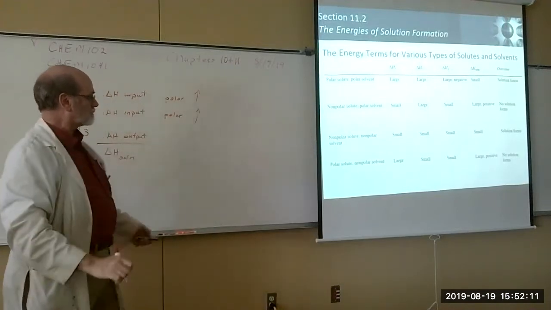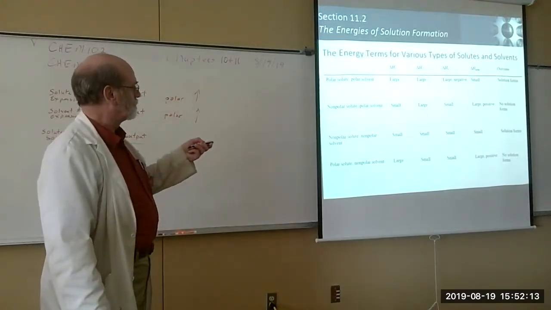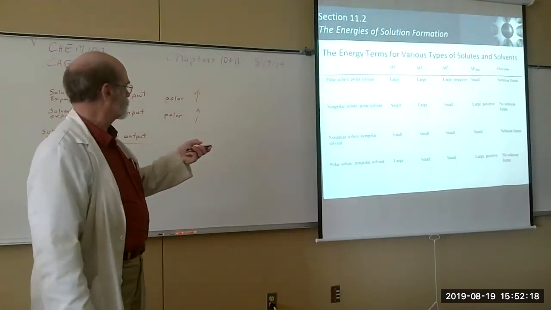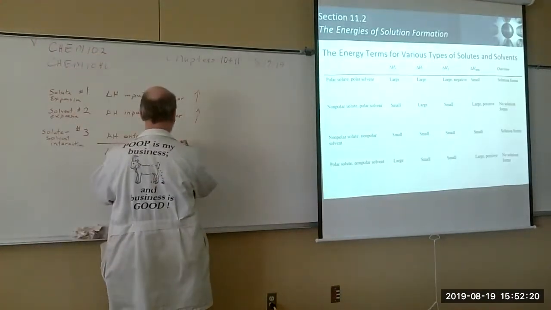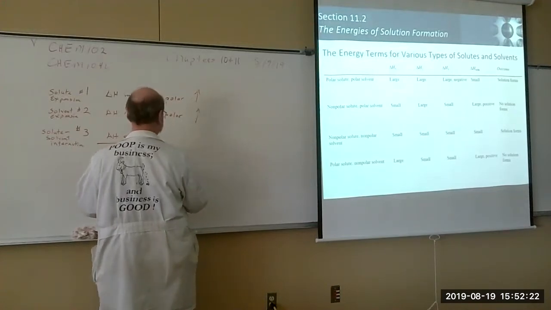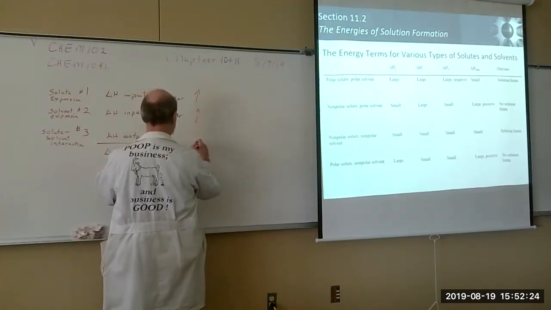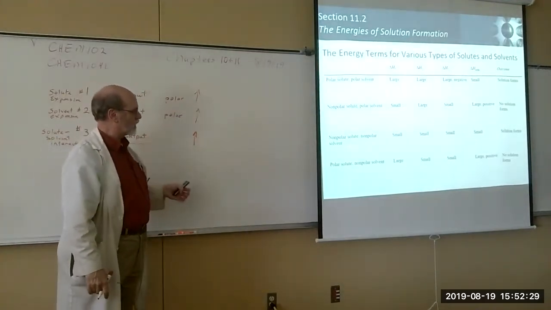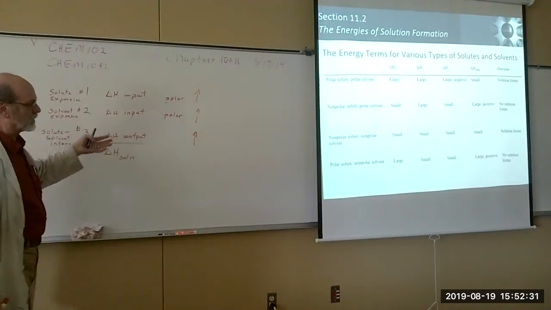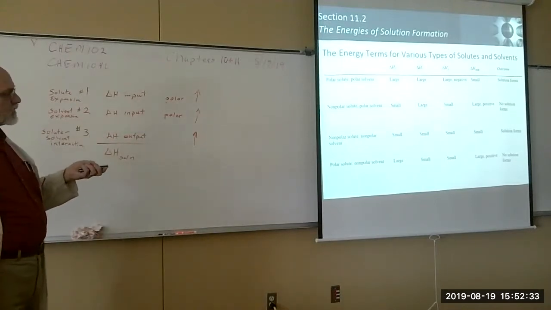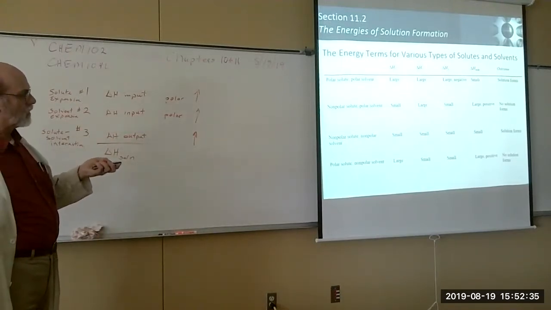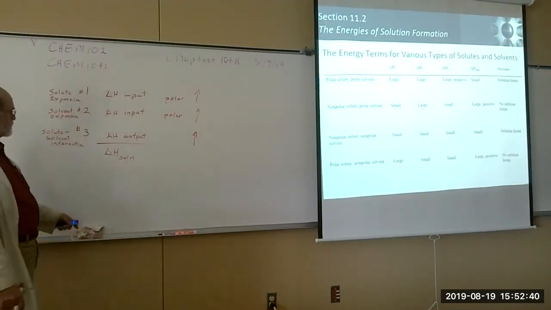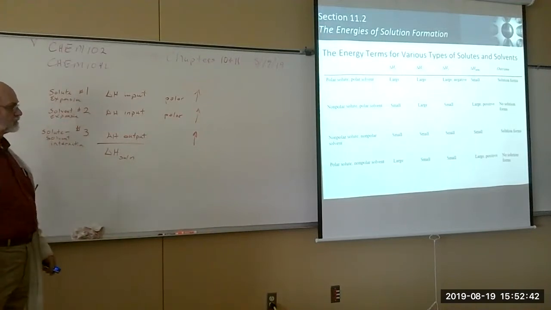But when they come together, you get this large interaction, right? You get a lot of energy back. Let's say input, input, and you get a lot of energy back. So they basically balance one another off together. They balance, and your heat of solution is relatively small, but the solution forms easily, simply because they're both polar.